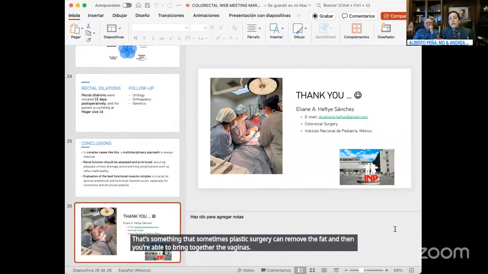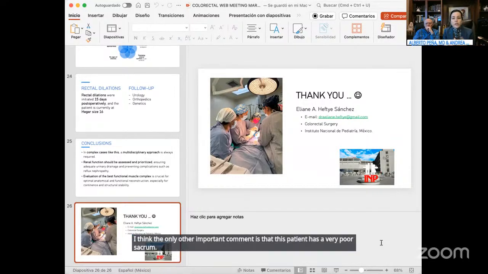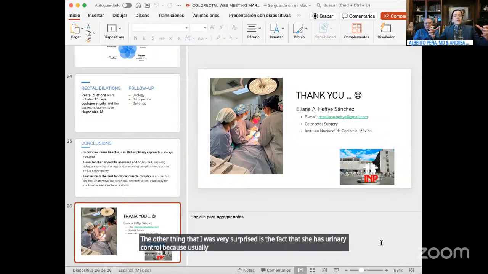I think the only other important comment is that this patient has a very poor sacrum, 0.39. So we don't expect bowel control. The other thing that I was very surprised about is the fact that she has urinary control, because usually when you have a very separated pubic bone in a normal case, not in a duplicated case, you don't have a bladder neck.